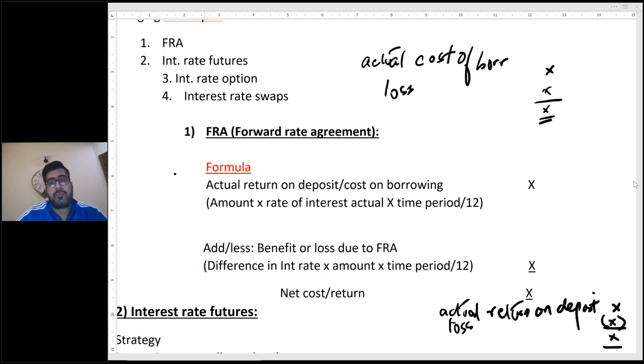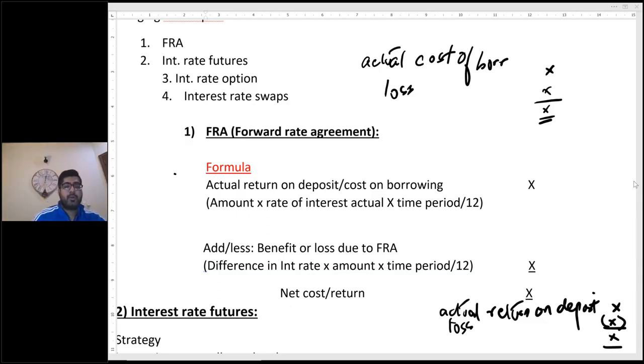If you have actual cost of borrowing above and you got loss, loss increases cost, therefore we add it. But let's suppose you get a deposit case. So you'll first write actual return on deposit. And then you got loss due to FRA. So loss is likely to reduce my return, therefore I deduct it.